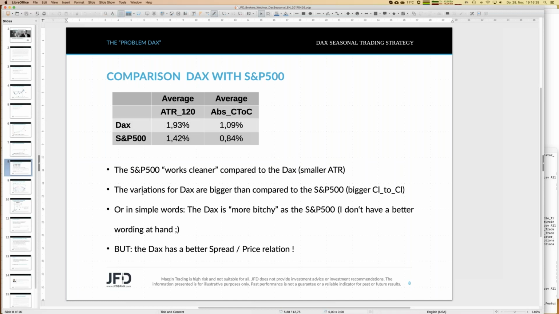The DAX is one of those indices which has more or less the best spread price relation. You know, when we talk about real trading, there's always cost involved. And thinking about different kinds of brokers, there are two possibilities.